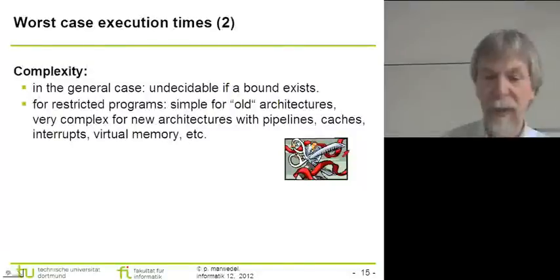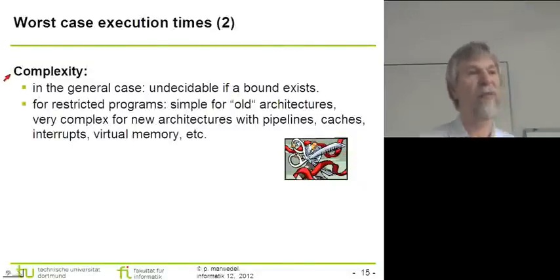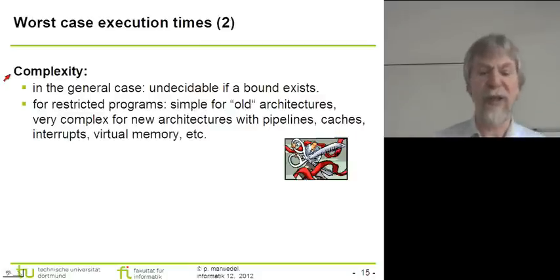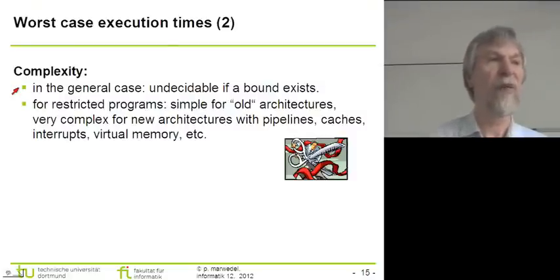So this leads to the question, how can we compute these worst-case execution times? They are obviously very important for real-time systems. And there we have to accept that in the general case, we cannot compute worst-case execution times, because in the general case we would have to solve the halting problem.